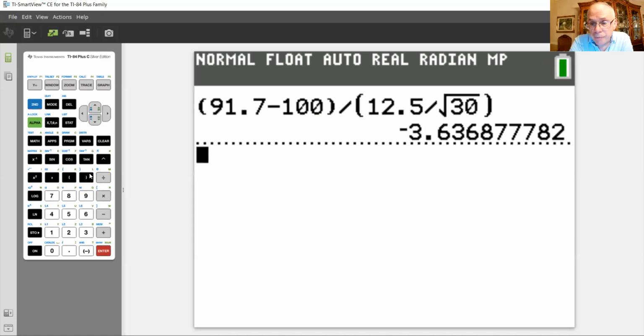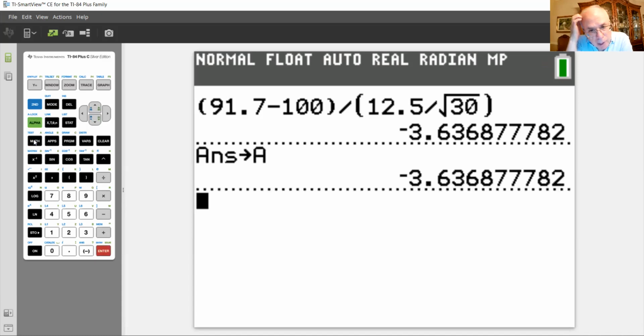Notice it's negative, right? The alternative hypothesis says less than, so we're expecting a negative test statistic here. Now we're going to save this again, storing it in alpha A. Now we're going to do our test.